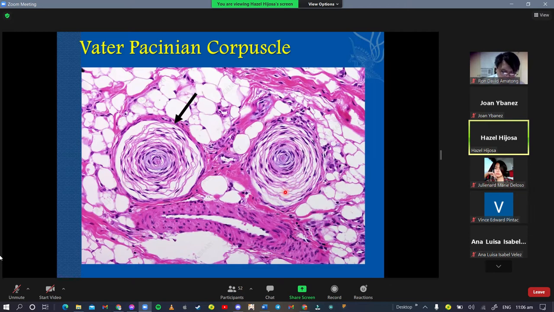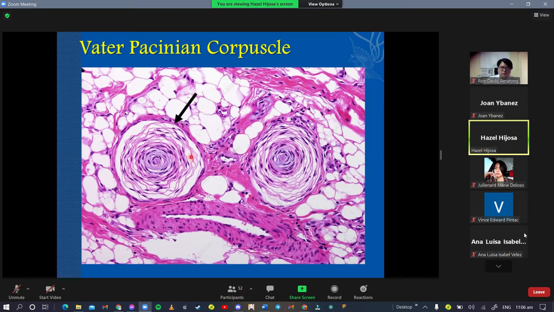How do you describe the Pacinian corpuscle? Onion-like appearance with several concentric lamellae, Doc. Just like the osteon, you have concentric lamellae. This is a large ovoid structure found in the deeper part of the dermis and also in the hypodermis.